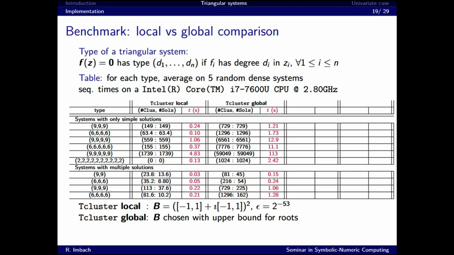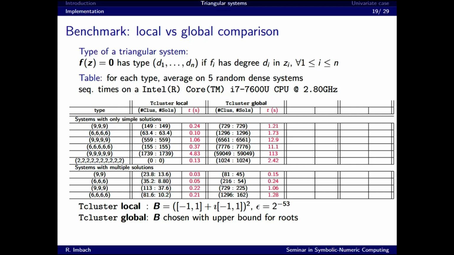Actually, here there are triangular systems, and for instance in the first line, the first equation has degree 9, the second has degree 9, the third has degree 9. When you use a symbolic method to triangularize a system, the shape will be quite different. In general, the first equation will have a very high degree, and the other equations will have degree 1.